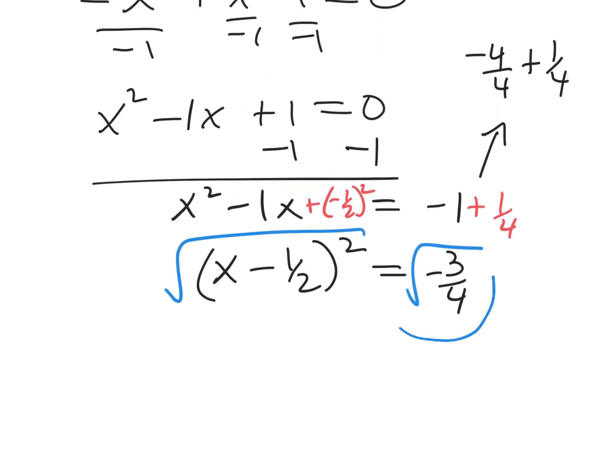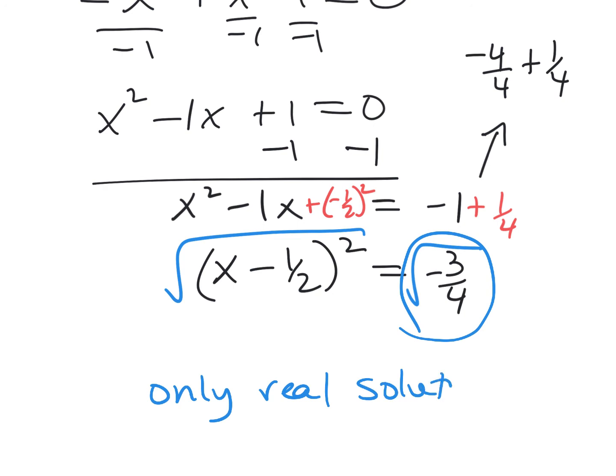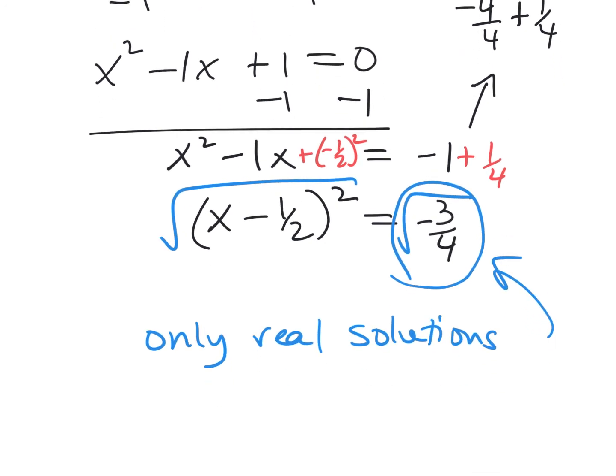As soon as I see that this is negative, if they're asking me to find only real solutions, this one is going to give me an imaginary number. So the answer here is no solution. Okay? But in the next section, we are going to learn how to find negative square roots. We're going to be introduced to the letter i.